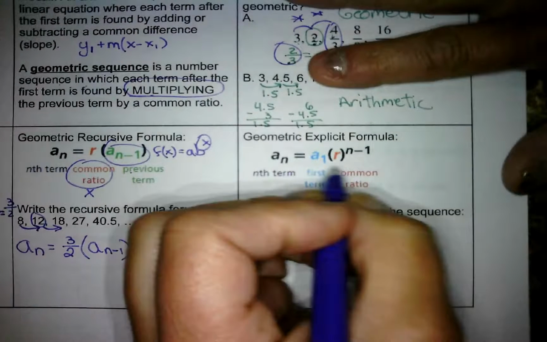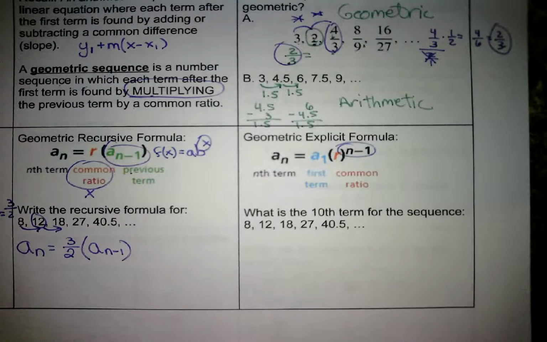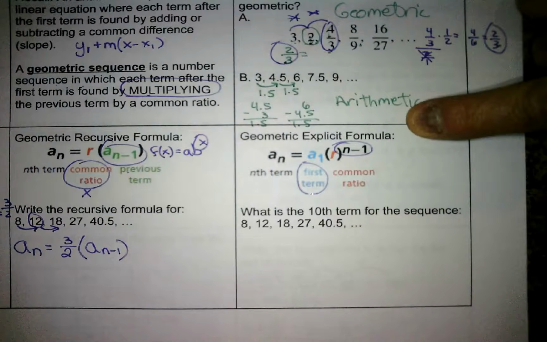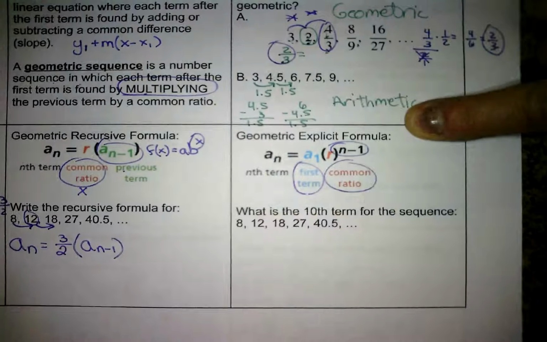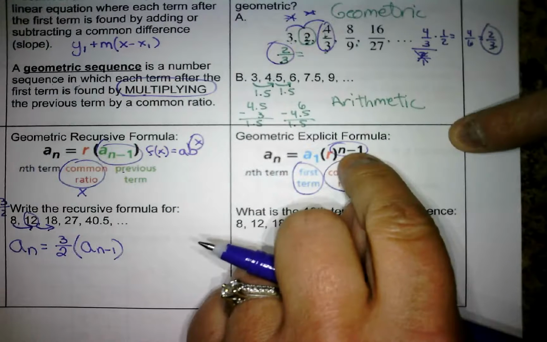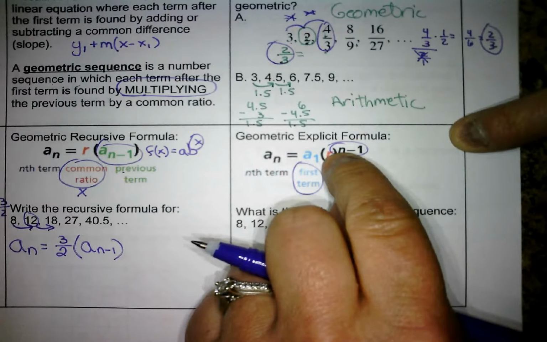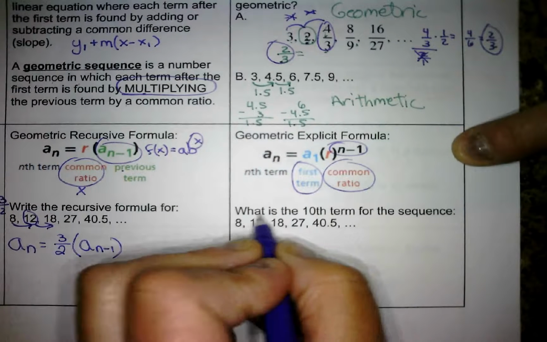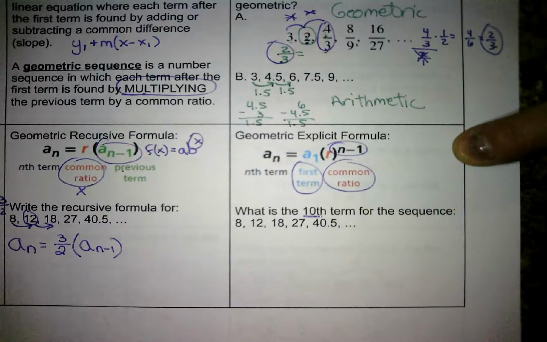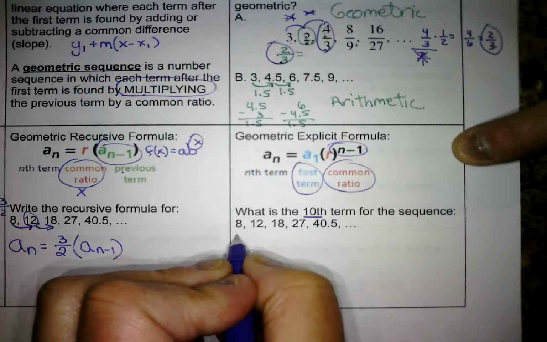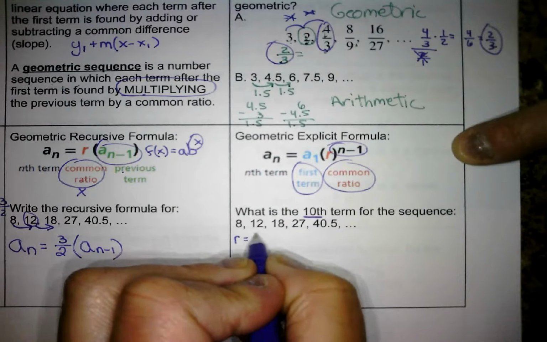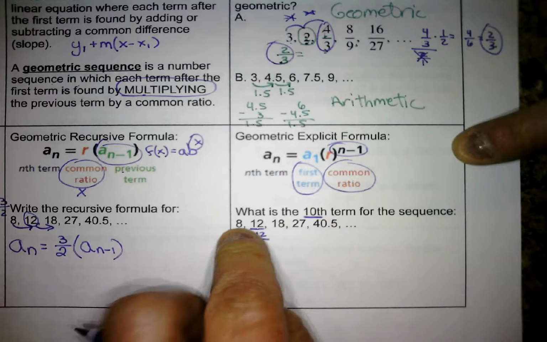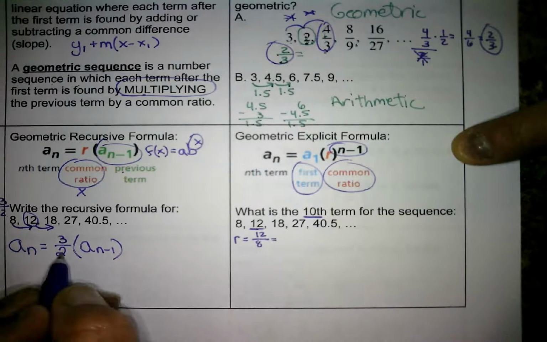In our ratio, whatever it is, we're going to take one term and divide it by the term before it. It doesn't matter which term, whether it's the second term or the third term, right? And we've already done this one over here, so we get 3 over 2.